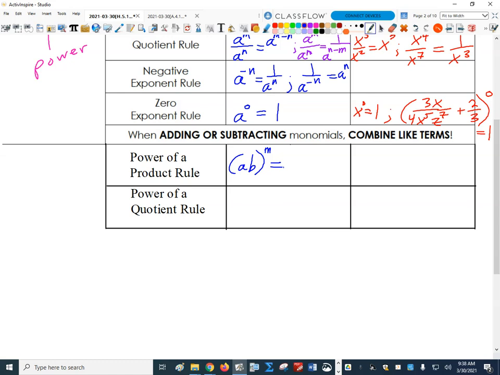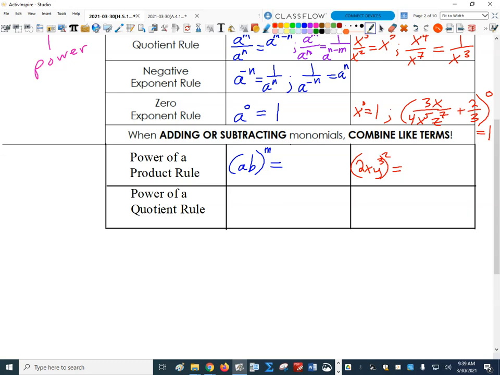For example, what if I had 2xy cubed, squared? What would that equal? Okay, yeah, you can think of it like distributing the exponent, exactly.